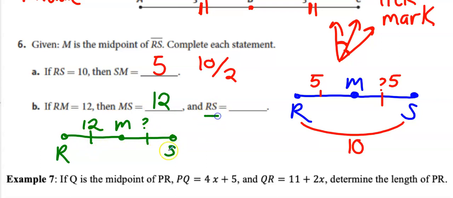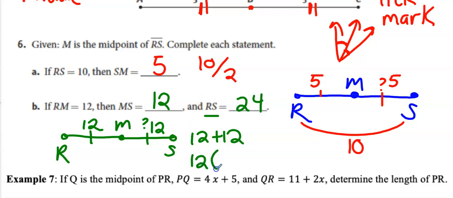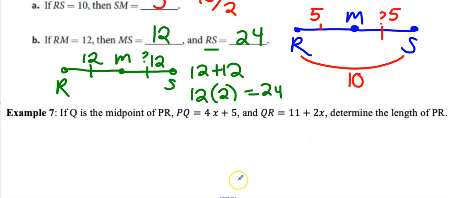Okay? RS is the total. So when you know a part, and this part is 12, say suma, we're going to add them together. So 12 plus 12, 24. Or you can do 12 multiply by 2, which is also 24. Okay? So you can either find the part, y repite, and say suma, or you can do 12 multiply by 2. Okay? All right. One more question.